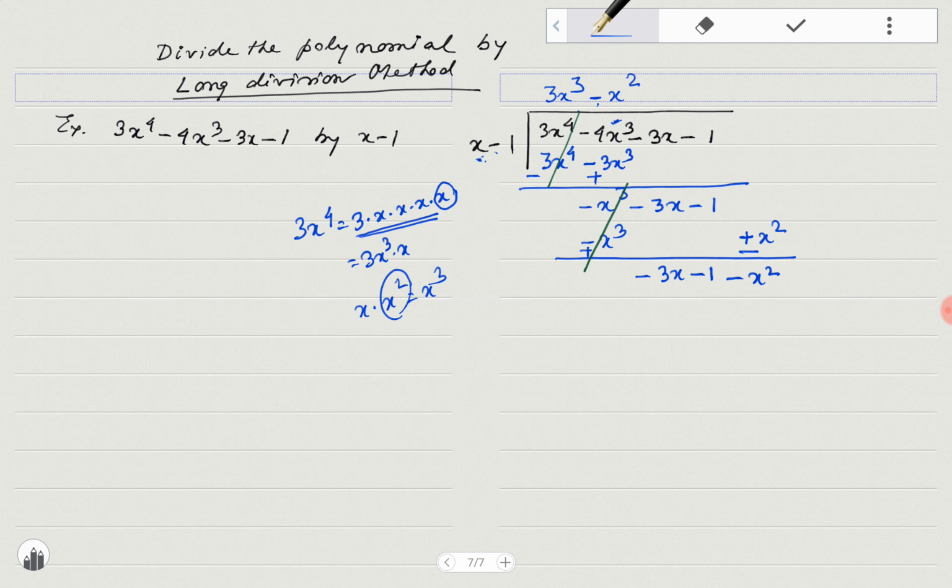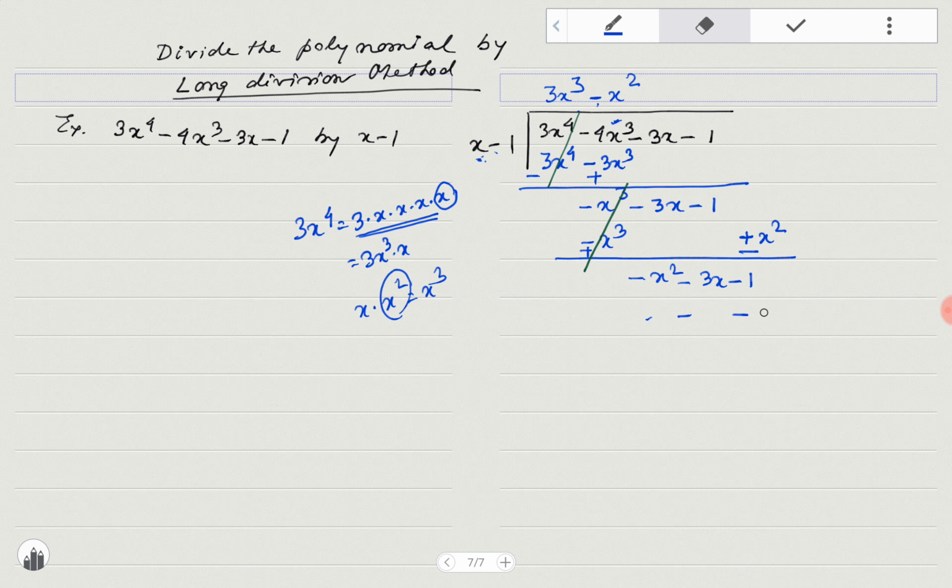So now we can rearrange the terms in a proper way. We can write this minus x square first at the beginning, as per the order. Now write minus thrice x minus 1. So we can erase this term and write it fresh here: minus x square minus thrice x minus 1.